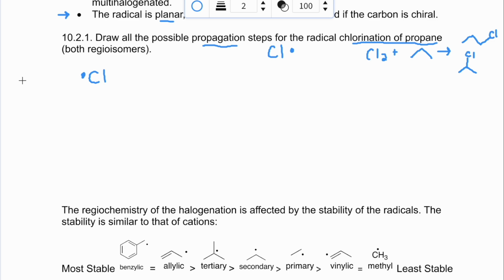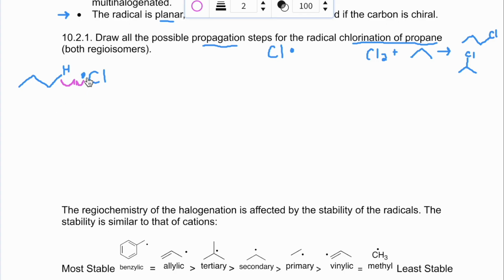Okay, so let me go ahead and draw some of these propagation steps. What would happen is that this chlorine would come in. Let's do it for the first regioisomer that I drew, to make 1-chloropropane. Then that would mean that this chlorine radical comes in and interferes with this carbon-hydrogen sigma bond on the end of the molecule.